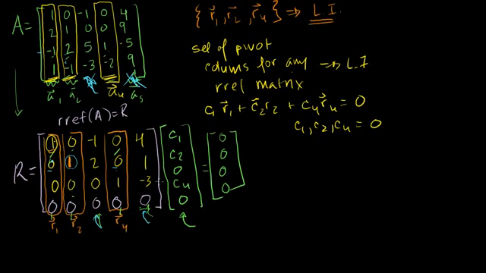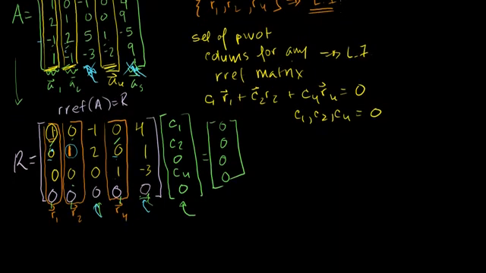This multiplication right here can be written as, and we've seen this multiple times, C1 times R1 plus C2 times R2 plus 0 times R3, so we could just ignore that term, plus C4 times R4 plus 0 times R5, that's R5 right there, all of that equal to 0.